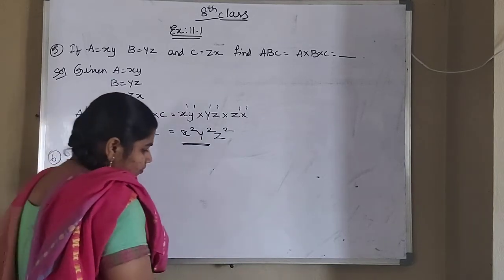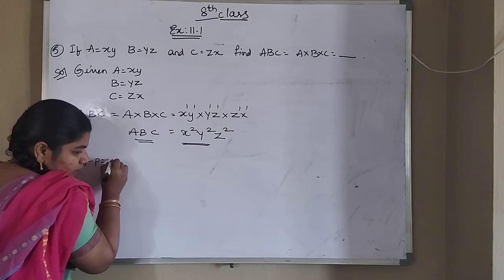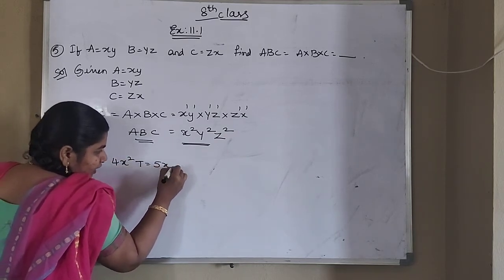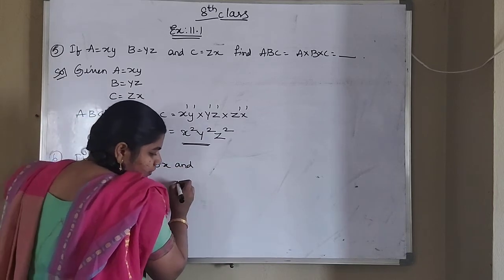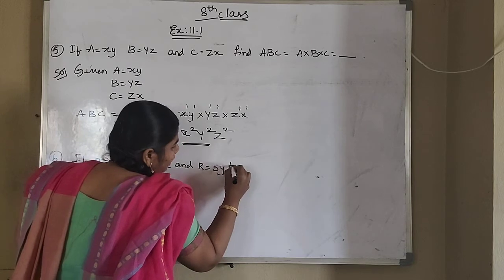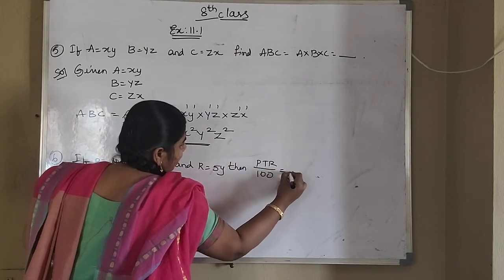Next, sixth one. If P is equal to 4x square, T is equal to 5x, and R is equal to 5y, then what is PTR by 100 value?